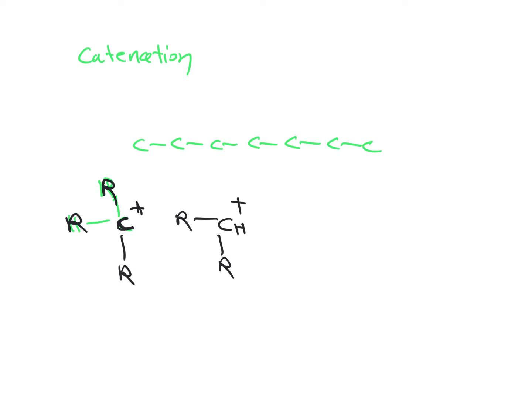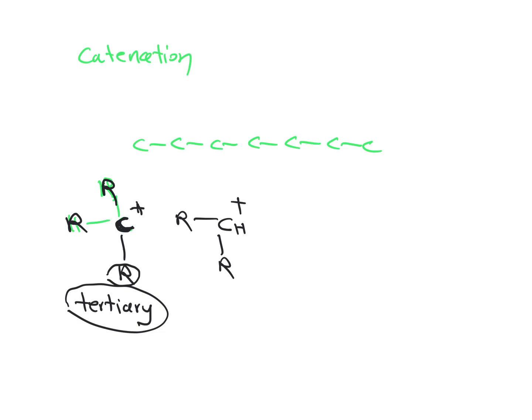I have the structure here, similar to what you wrote. So this was tertiary. Carbocation is a carbon that has a positive charge. So the cat comes from it being a cation, not from catenation. Exactly. Okay, so those are different.